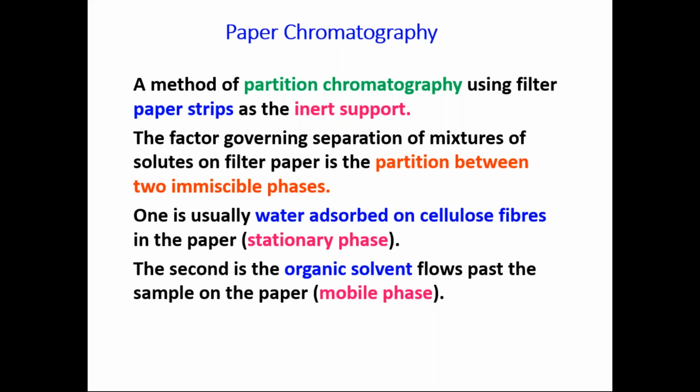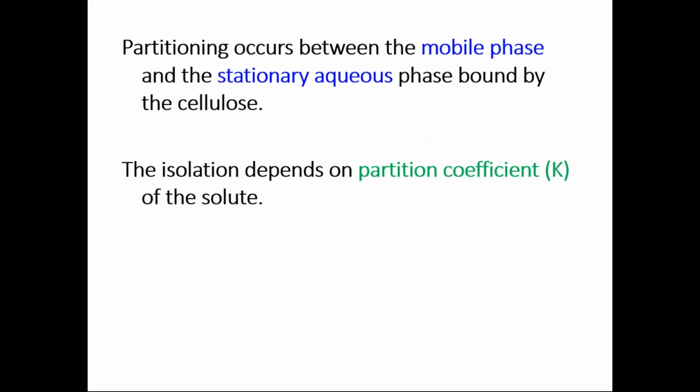So here the water of the cellulose is in the interstitial spaces. The paper as such is an inert support. So partitioning occurs between the mobile phase and the stationary aqueous phase, which is bound to the cellulose, and the isolation depends on the partition coefficient K of the solute.